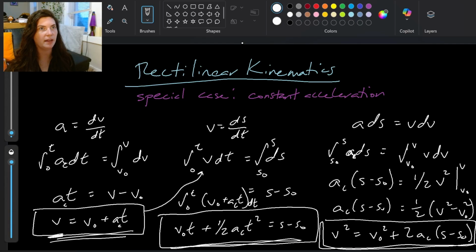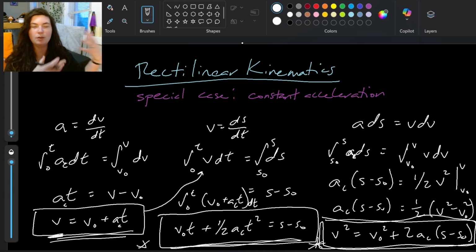So it's good to bear in mind that if our acceleration is constant, we can use these kinematic equations to save us a little bit of steps in integration. Because for most of these kinematics problems, we're going to have to perform either differentiation or integration to get whatever we're looking for, whether we're trying to find a velocity or a position or the acceleration or the time it takes to do something.